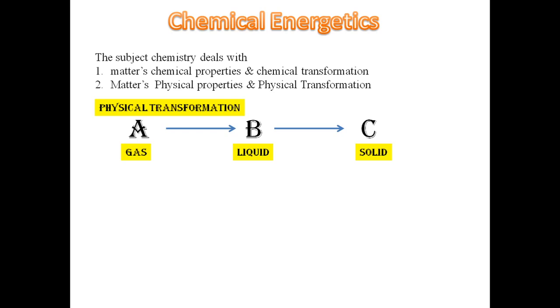And now if we consider what kind of transformation will take place, see, the universe's normal rule is to reduce the energy content. Suppose you have some stuff on the second floor, and if you simply leave that thing, it will come with free fall to the ground level.